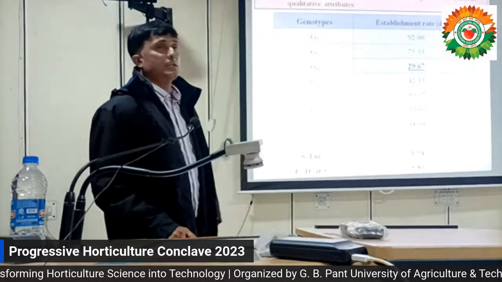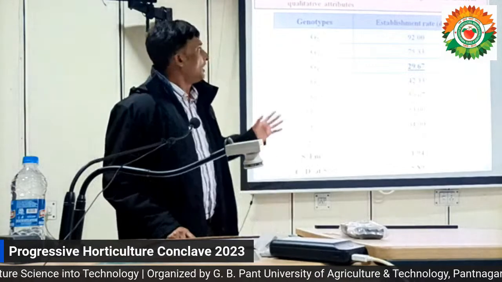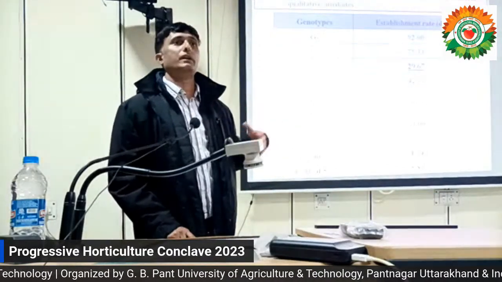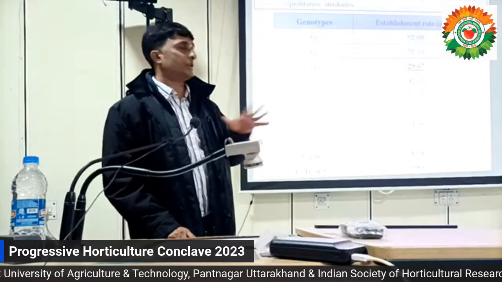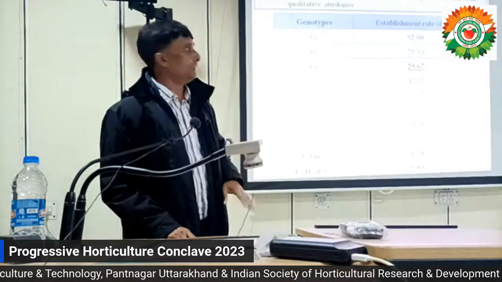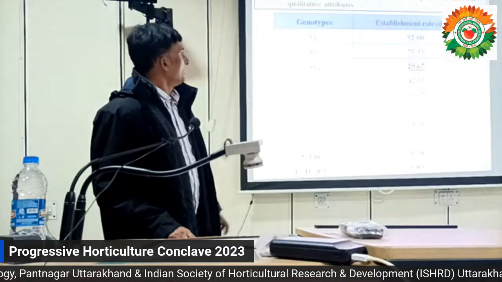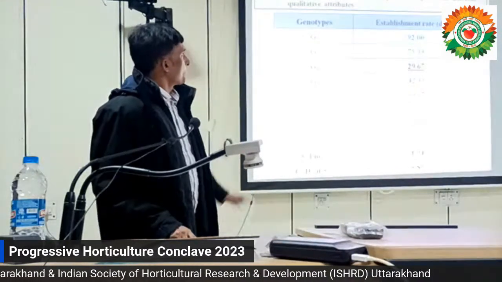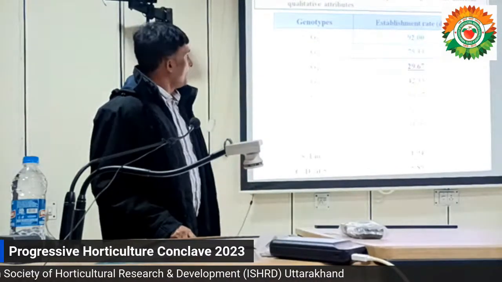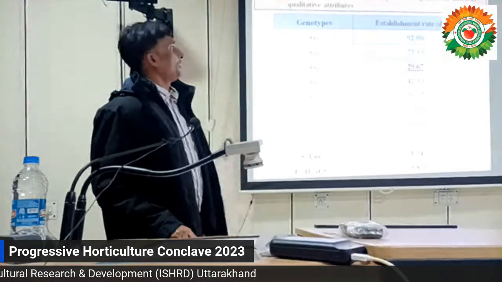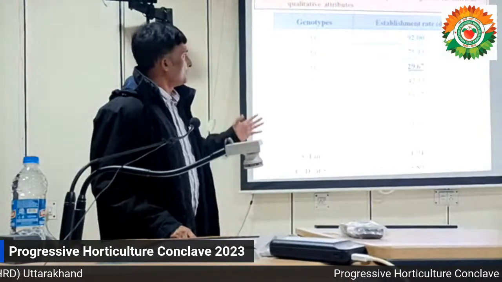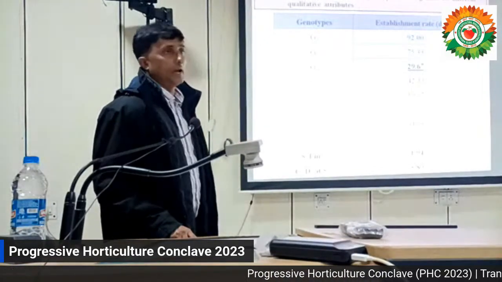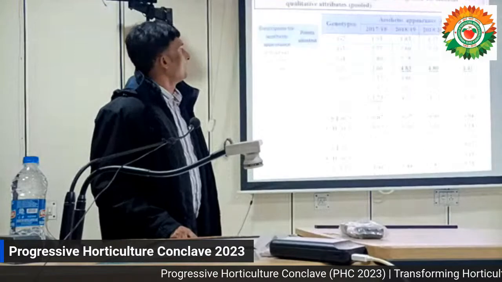In case of establishment rate, we counted the number of days taken to cover 90% of the area, and we found that the lowest number of days for 90% coverage was taken by G4 turf, which is at par with G9, that is 31 days.